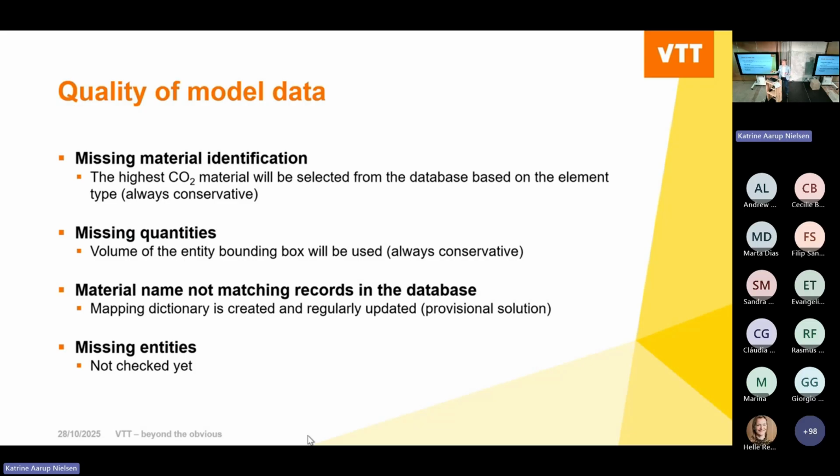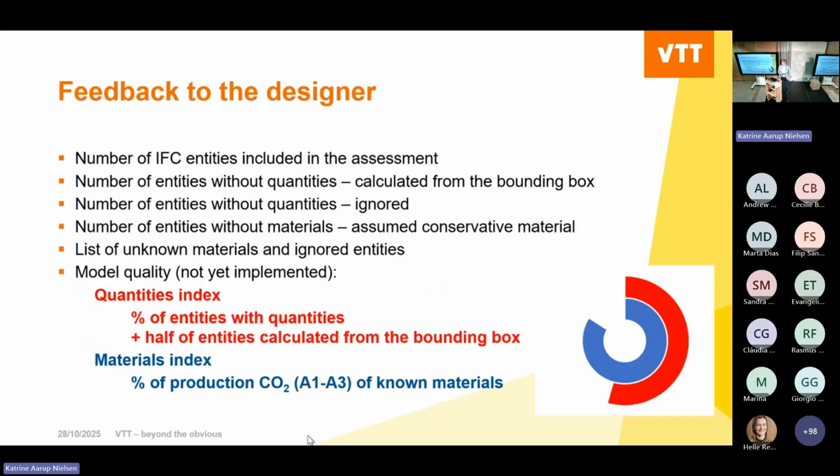Once you get the IFC model, well, the BIM model, in your hands, you realize that there are some random items that don't have an actual place or purpose. So feedback goes to the designer, to the architect, or whoever draws the IFC: the number of IFC entities included in the assessment has to be correct.